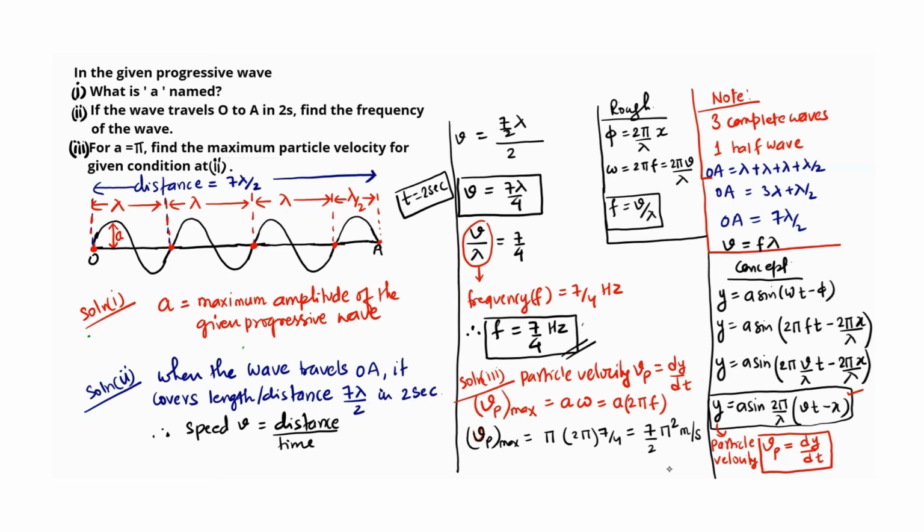So therefore, maximum particle velocity is 7 by 2 times pi square meter per second. We are taking this condition for A equals pi, and we are using the frequency obtained from second.